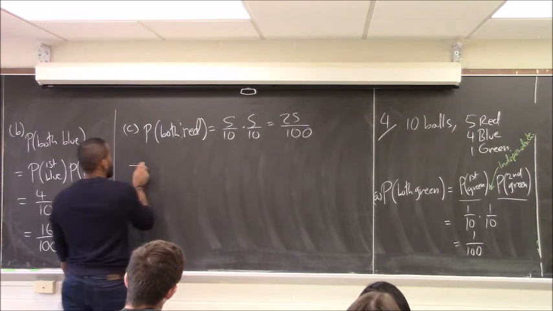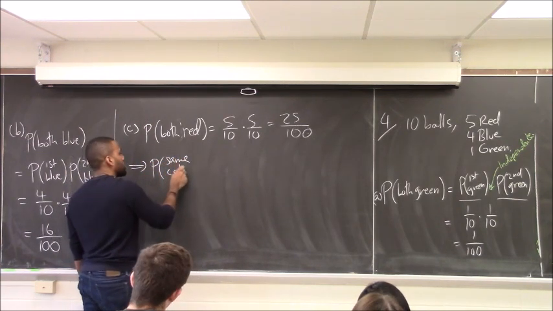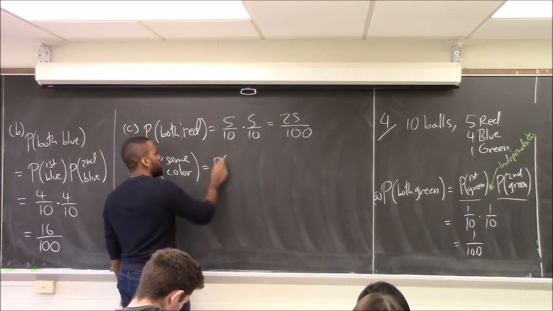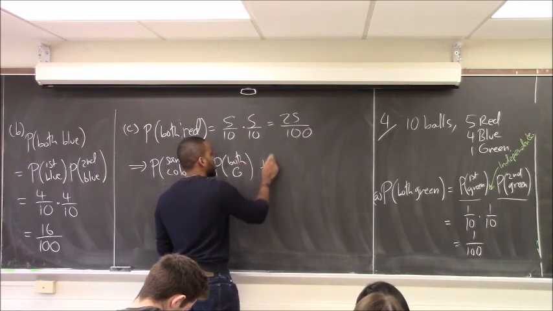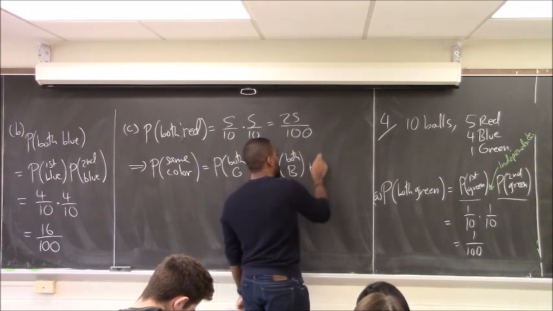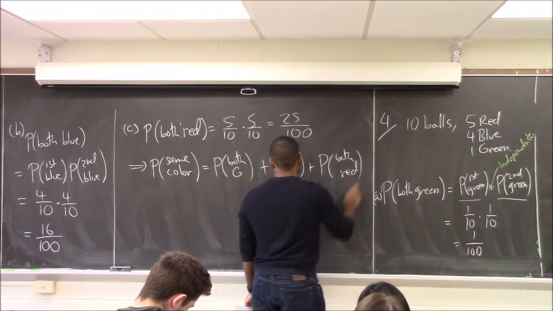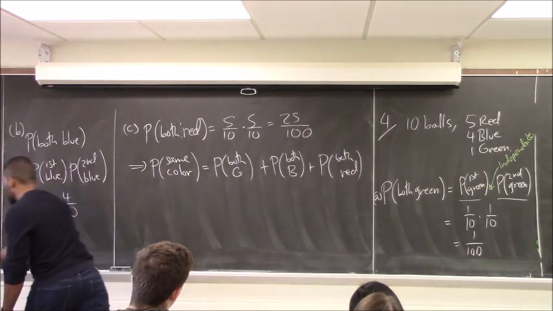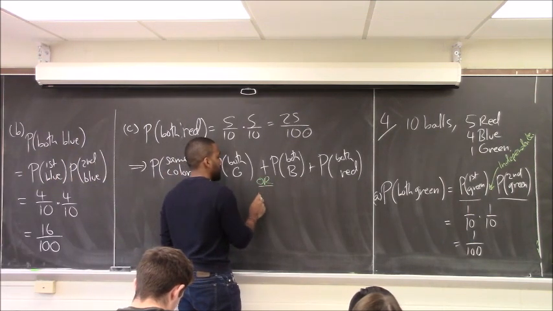So the probability of same color is the probability both green plus the probability both blue plus the probability of both red. And we add these because it's OR and mutually exclusive.